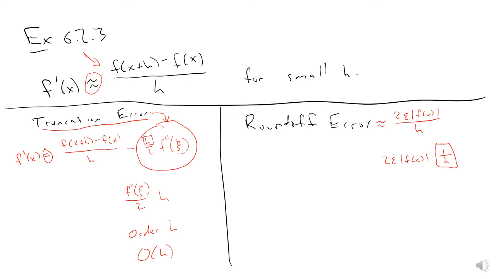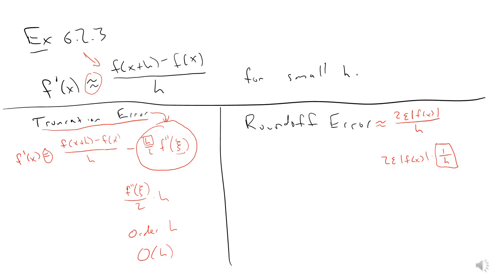So there's kind of a balance that we have to find between our truncation error and our round-off error. If h is small, using this approximation of the difference quotient, then the truncation error is small, but the round-off error could be large. On the flip side, if h is a little bit bigger, then you can make your round-off error decrease, but then your truncation error will increase.